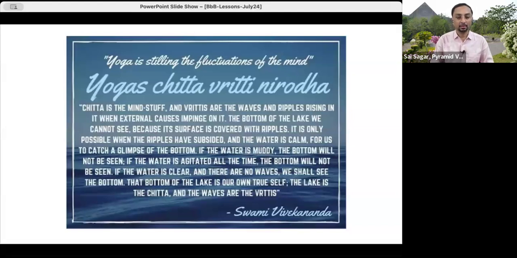Swami Vivekananda's description is of how our mind is like a very disturbed, murky lake. And what we are practicing with breathfulness, with meditation, and all the practices is to silence the waves of the mind, remove the impurities in the lake of mind, so that we can see the bottom of the lake, which is still.